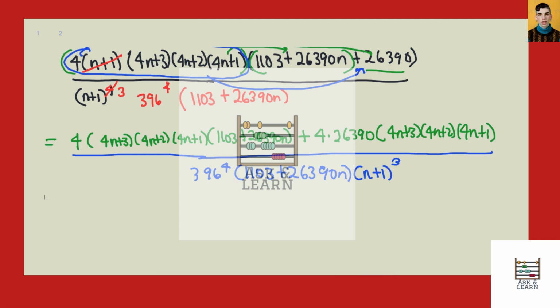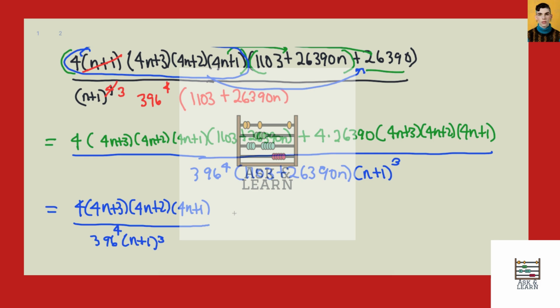Now, if we go ahead and break up this into two fractions, we'll be able to cancel a bit. So 396 to the fourth, n plus 1 cubed after cancellation. So we're splitting this into two fractions. In other words, we're going from something like this to this, and then I'm canceling afterward.